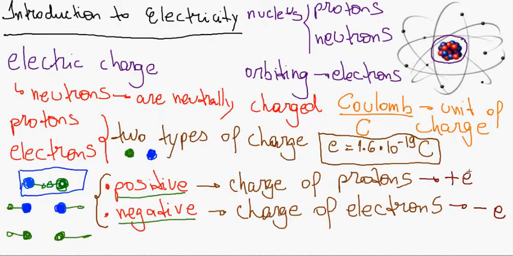So, as I said, just for understanding, the size of the charge of protons and electrons is the same. The only difference is that one is positive, the other one is negative. They have opposite behaviors. But if you have one proton, it's going to have exactly a charge of 1.6 times 10 to the power of minus 19 Coulomb. The charge of an electron is negative 1.6 times 10 to the power of minus 19 Coulomb.